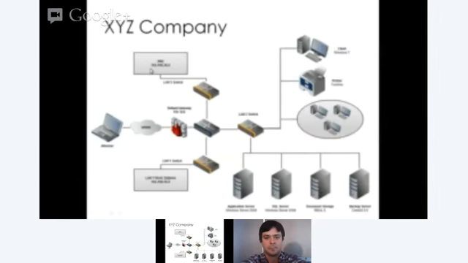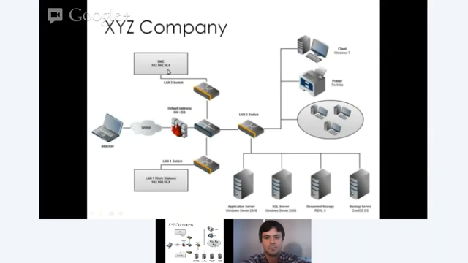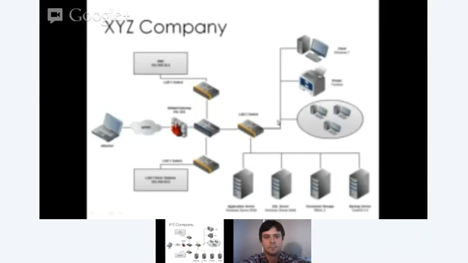In LAN 3, you have a website and a database. It's a standard DMZ. Then in LAN 1, you have a couple of workstations that we don't care about. And in LAN 2, we have several Windows 7 workstations, a couple of printers, and some servers.